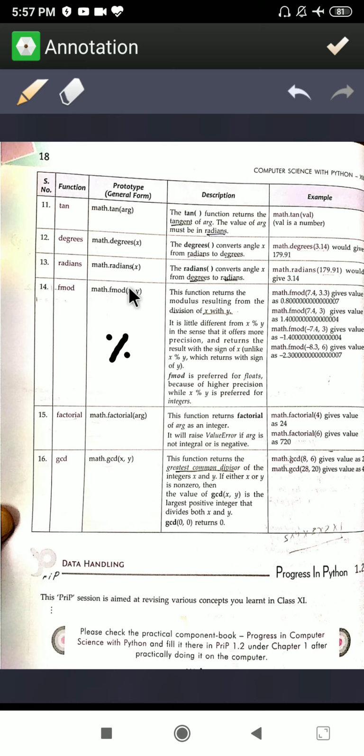Difference is that fmod can be used for two numbers which are in floating point, like we divide 2 by 3 and remainder we want to get. Here we are giving two floating point values or one floating and another number value. Then also if you want to calculate the remainder, that will be given with the help of this particular function.